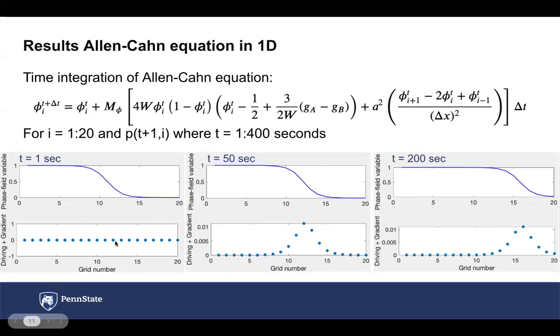And there's no driving or gradient terms here in the beginning, but as we continue with time, our phase field migrates towards phase A, and so we see this migration front going along the x direction, and we see an increase in our driving and gradient terms as well. And at 200 seconds, we see this phase going further into phase A. We see this diffusion, and then we also see a change in our driving and gradient energies.